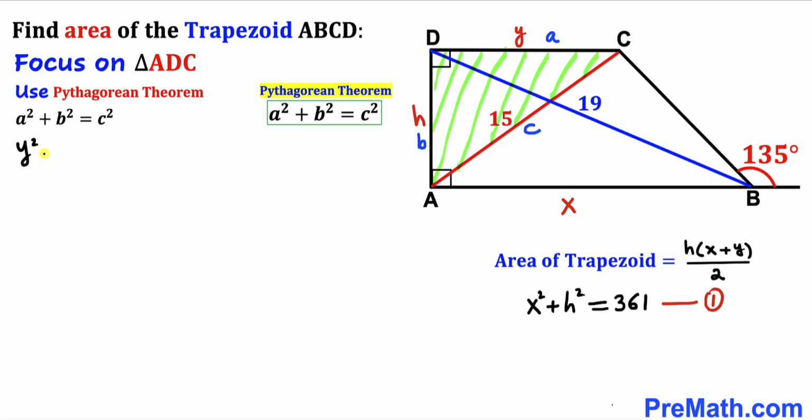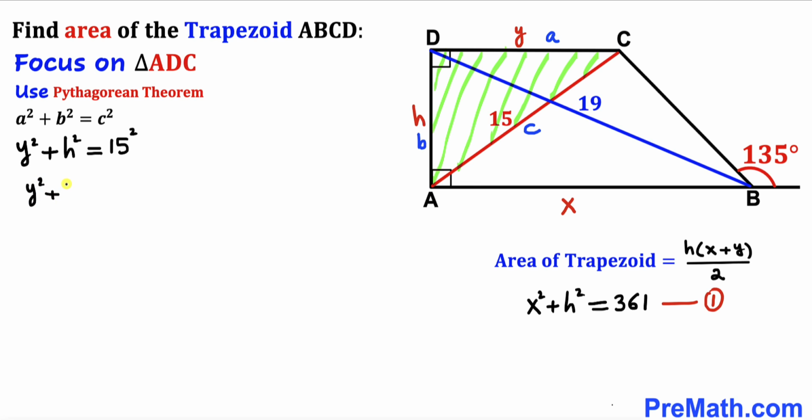So this becomes y square plus b is h square equals c is 15, so this is going to become 15 square. So let's simplify. This is going to give us y square plus h square turns out to be 225. Let me call this our equation number 2.